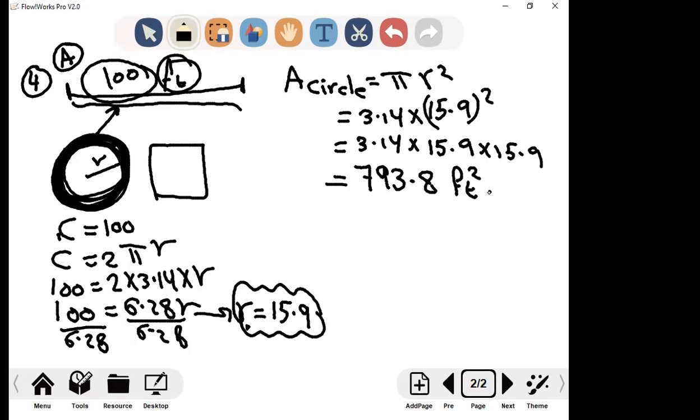Did I finish? Still not. Colin is confused between the circle and the square, right? We made the circle for him and found the area. Right? Let's find now the square. Now to find the area of the square, focus.